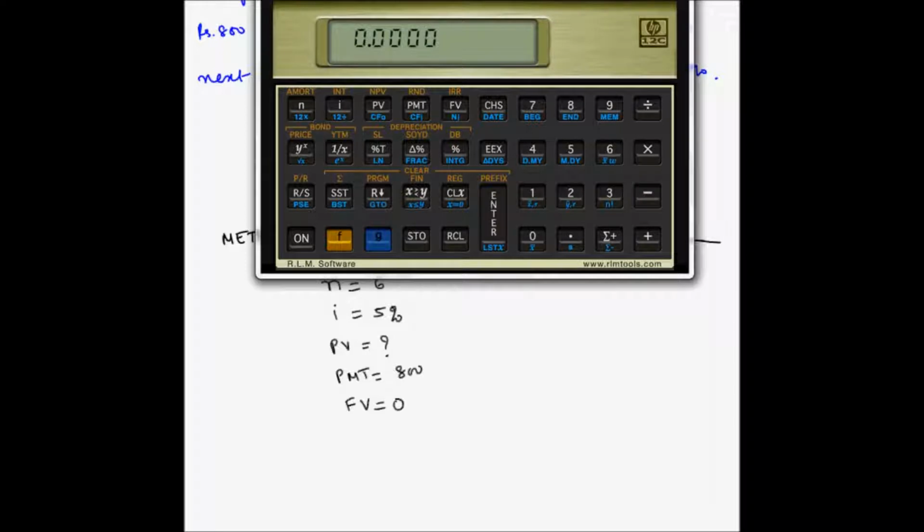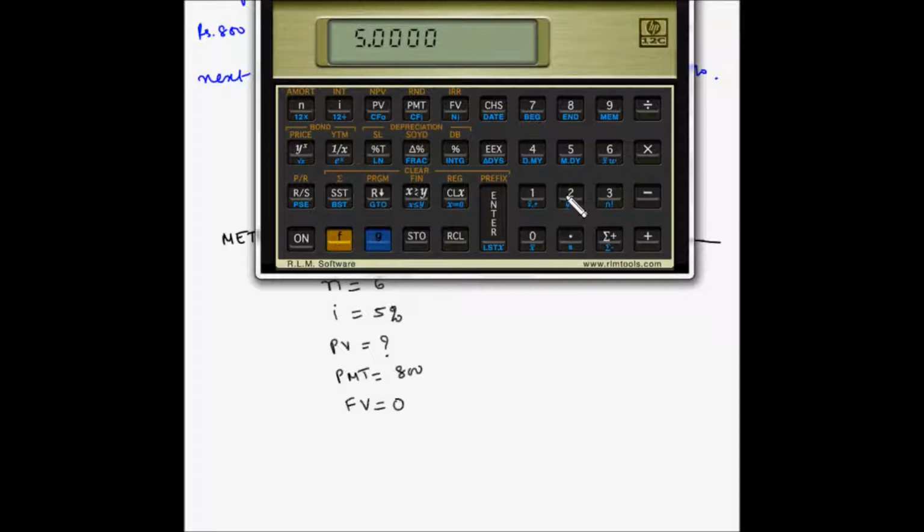Now the method to use this financial calculator is to first key in a value and then let the calculator know what this value stands for. So N is 6, then 5 is I. PV we have to find out, so we'll click that button at the end.